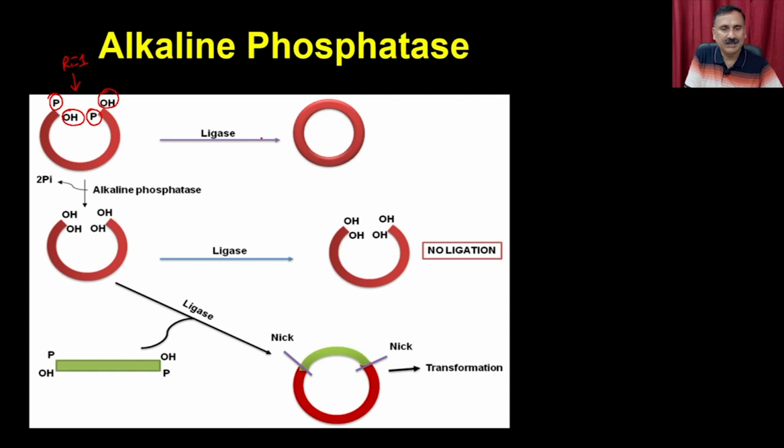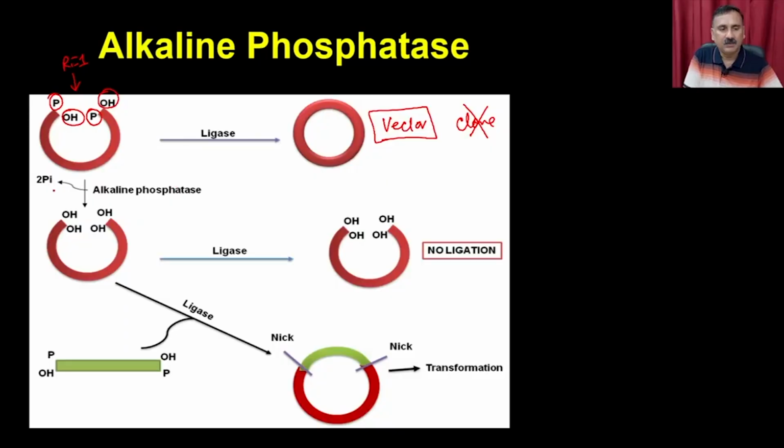So if you put the ligase reaction, they will recircularize without taking the insert, and that's how you are going to get the vector back instead of the clone. You're not going to get the clone, instead the vector is going to recircularize, and that's how it is going to make the background very high.